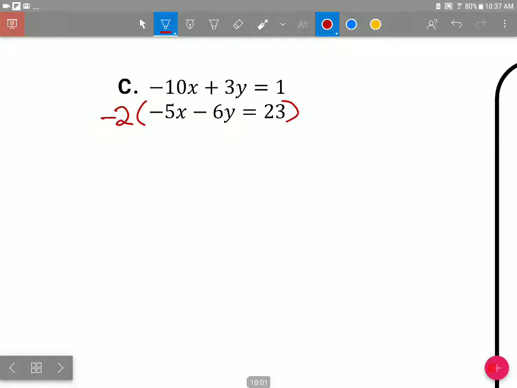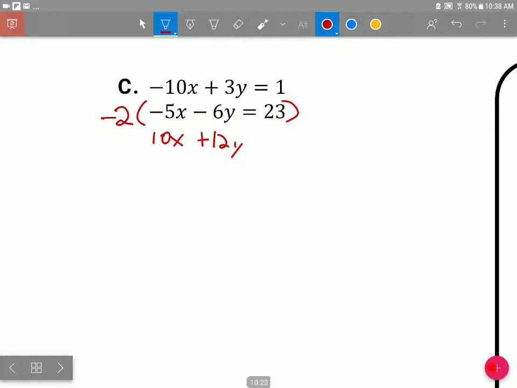Do you always have to multiply by a negative? No. It's, do you need to switch the sign or not? Okay? Does that make sense as to what we're doing? All right, sorry. So what is negative 2 times negative 5? Positive 10. What is negative 2 times negative 6? Positive 12.